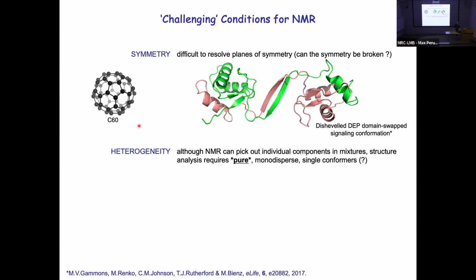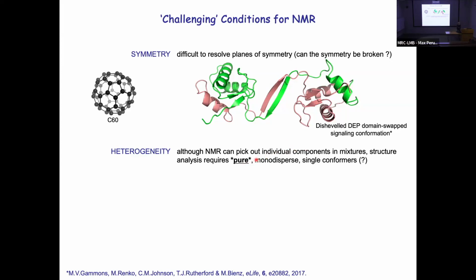Heterogeneity is exceedingly difficult for NMR. If you've got heterogeneous samples, NMR sees everything that is in the solution, and we're really looking for very pure individual components if we can get them. And to get high resolution data, we need pure material that is ideally monodispersed.